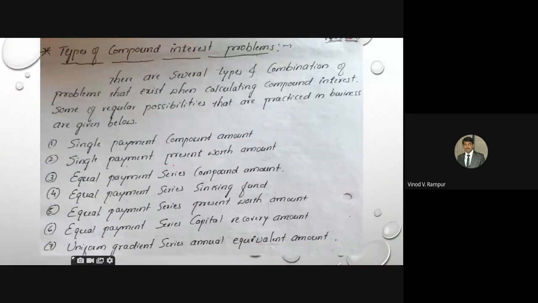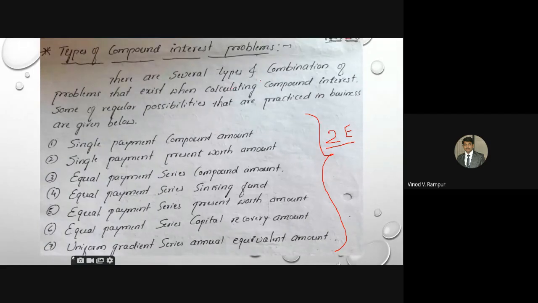Now, for compound interest, these are the 7 types of problems we have to solve. Within these 7 types of problems, you will get a minimum of 2 problems in an examination. Clear? Remember this.